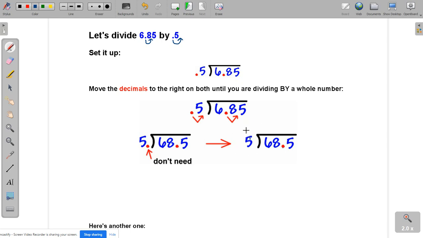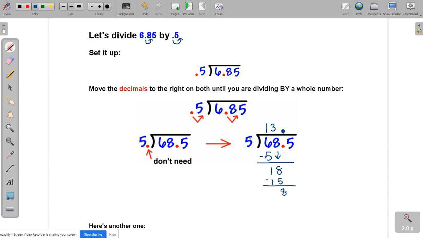So now let's go in and do that. Now we just bring up the decimal in the new spot and divide like normal. 5 goes into 6 one time. 1 times 5 is 5. Subtract, we get 1. Bring down the 8. 5 goes into 18. 3 times 5 is 15.